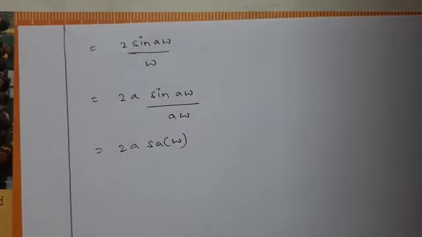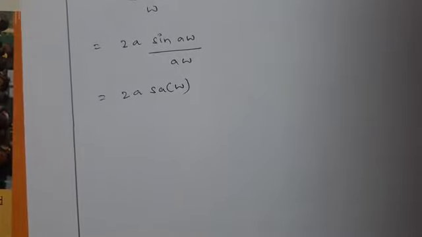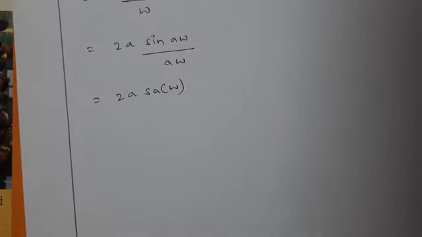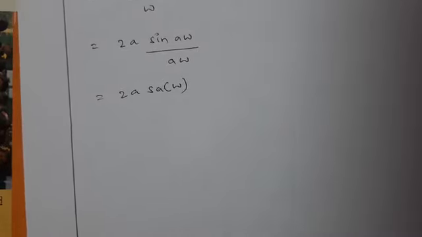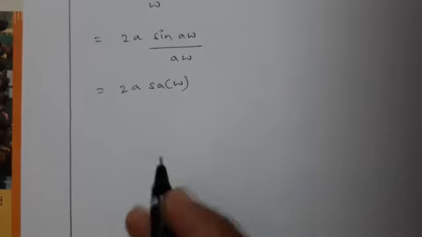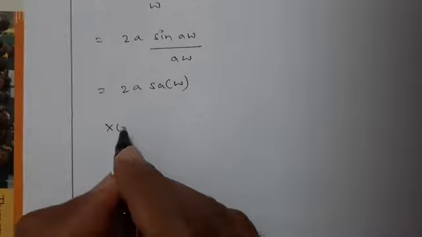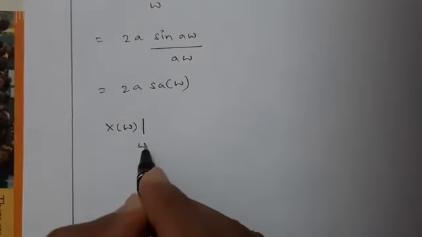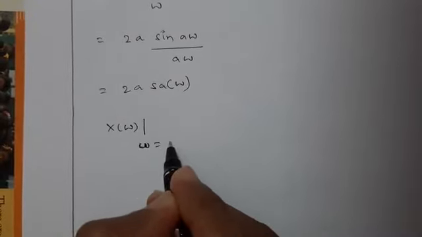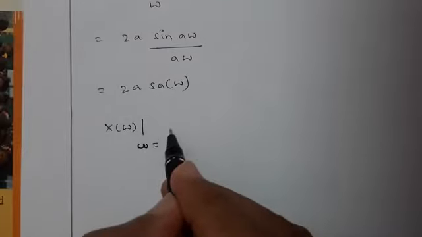Now to find the value of this at omega equal to 0, what do I do? Initially itself you substitute X of omega at omega equal to 0. What is this?